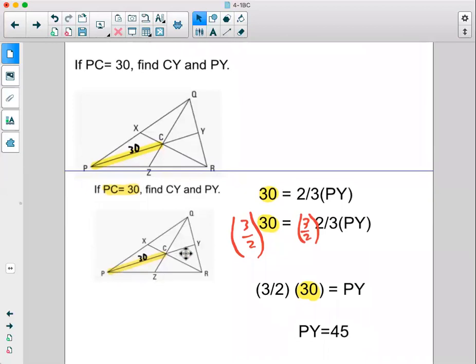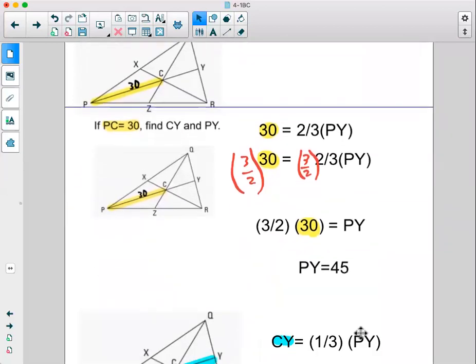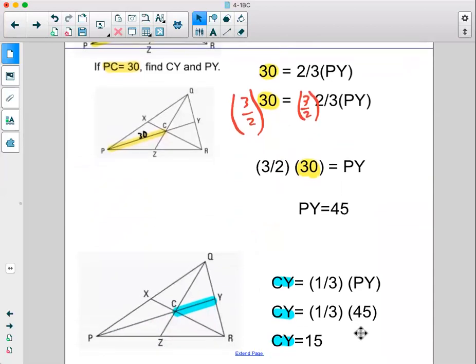So now we know the whole median is 45 units long. We still need to find CY. We know CY is the 1/3 chunk. So CY is 1/3 of the whole, and we just found out that the whole median is 45, so 1/3 times 45 is 15.